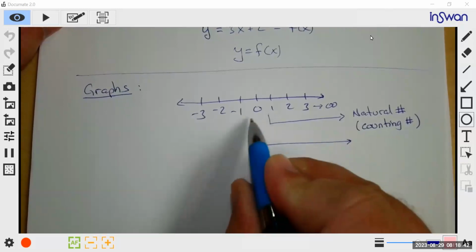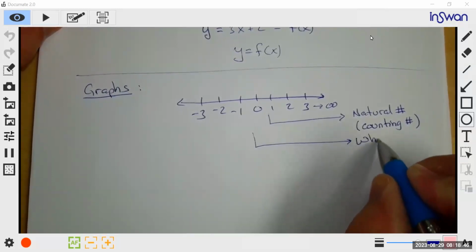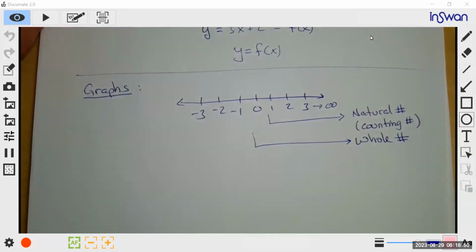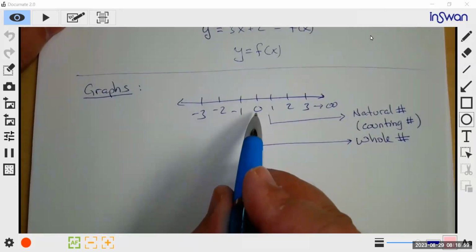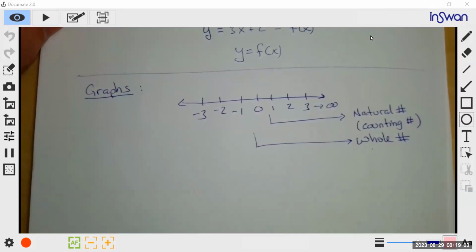The numbers 0 to infinity are called whole numbers. And that's pretty easy to remember because the 0 looks like a hole. It starts with a whole number and it goes on to infinity.